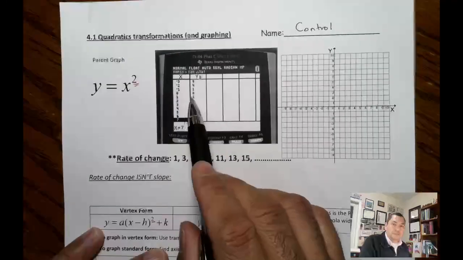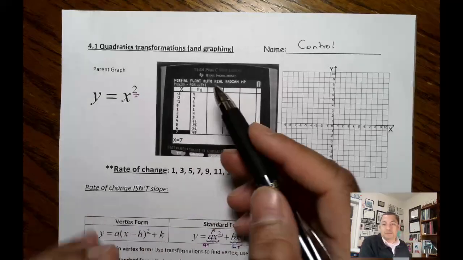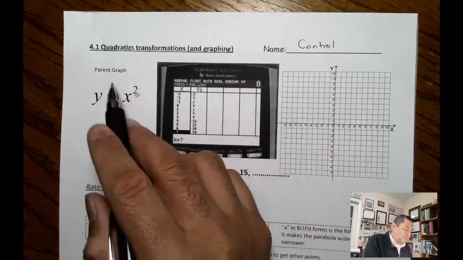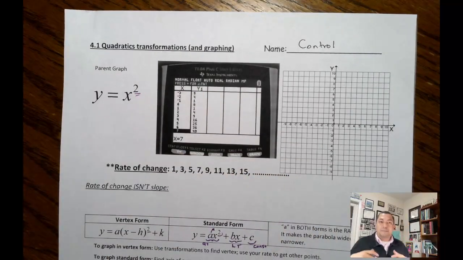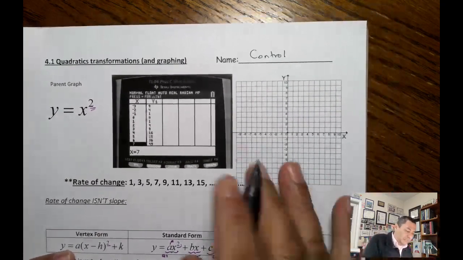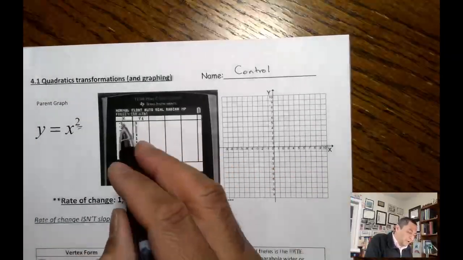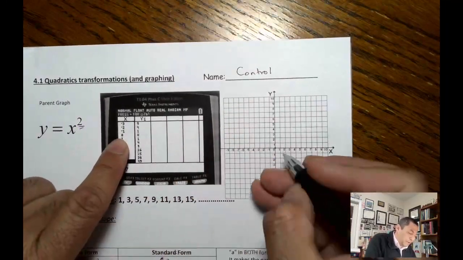So for example, I have this table. This table represents the points of the parabola. So we are going to graph a parent function. What is a parent function? The parent function is a function in its most basic form. So for this parabola, in its most basic form, we're going to follow these numbers.